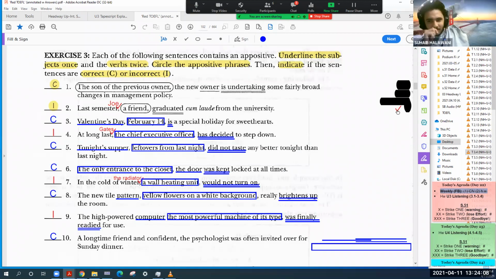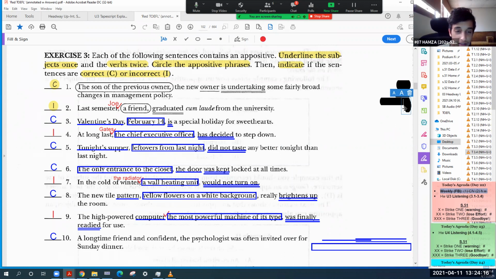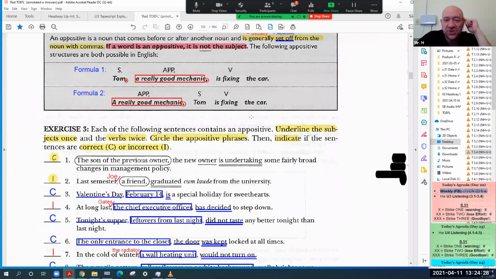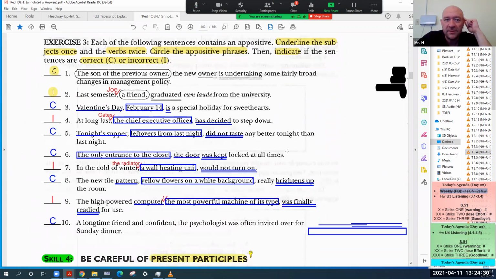Comma before the appositive. You must have a comma, gentlemen. Because which formula is it? The first formula.